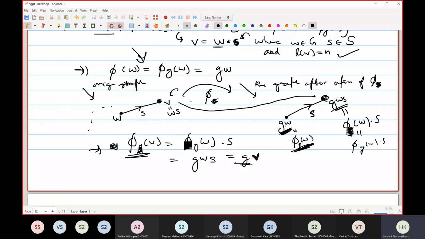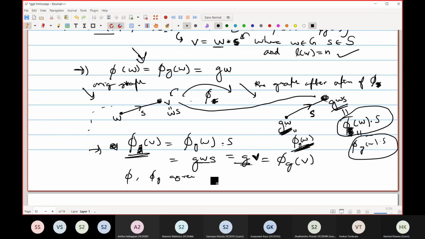So phi of V is equal to phi G of W into S, which is equal to GW into S, which is equal to GV, which is equal to phi G of V. So we see that phi and phi G agree on V, where V had length n plus 1. That implies the induction is completed, and we have the theorem hence proved.